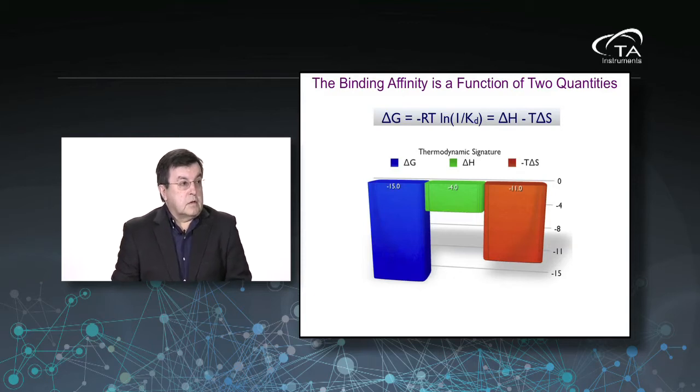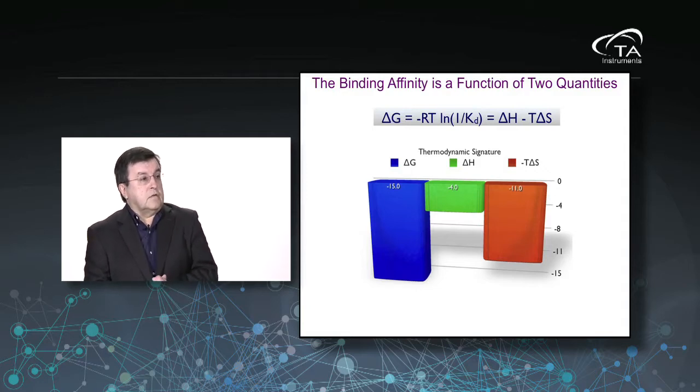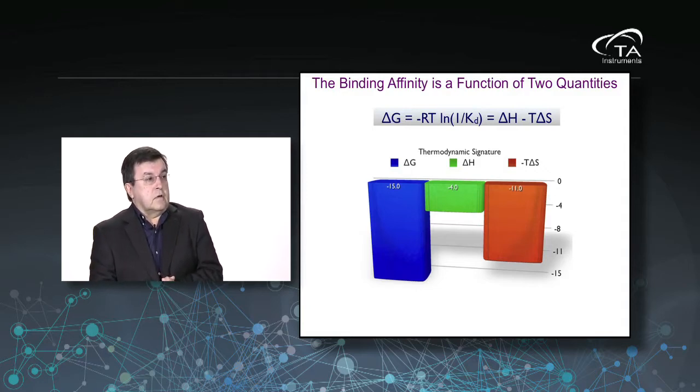If you remember, the binding affinity is given by the Gibbs energy, delta G, which in turn is a function of the enthalpy and entropy changes.